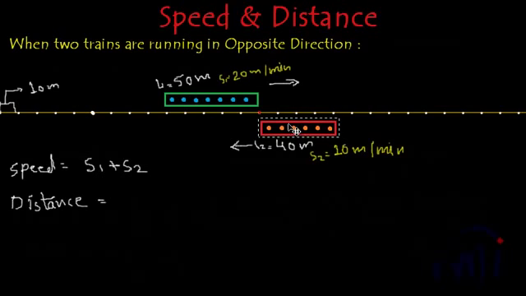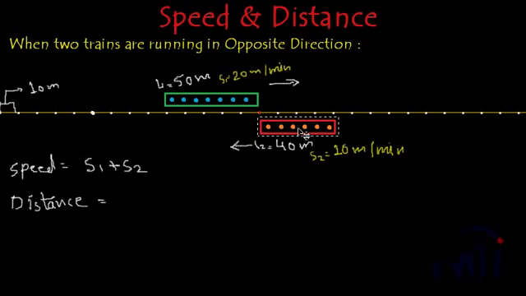So this is the red train and it is running in this direction, right? This is the point where these two trains are just about to start crossing each other. We have assumed that this green train is stationary and we are only talking about the red train. So if the red train starts running, right now its front end is in complete alignment with the front end of the green train, and now it starts running.